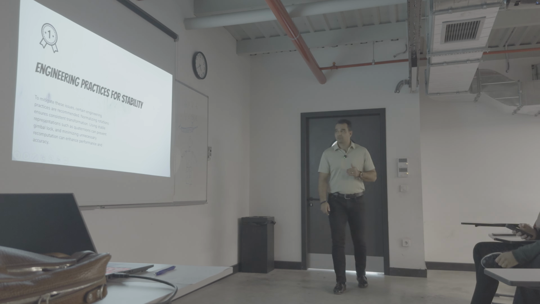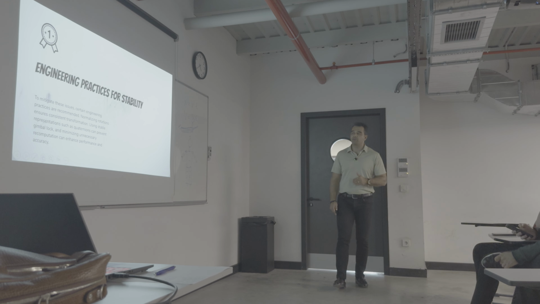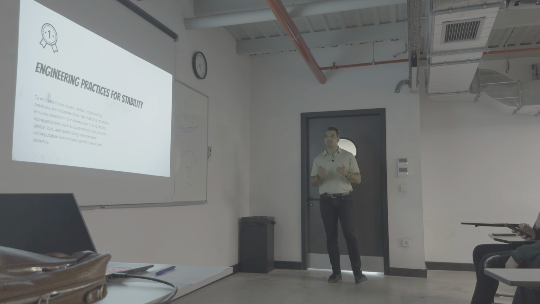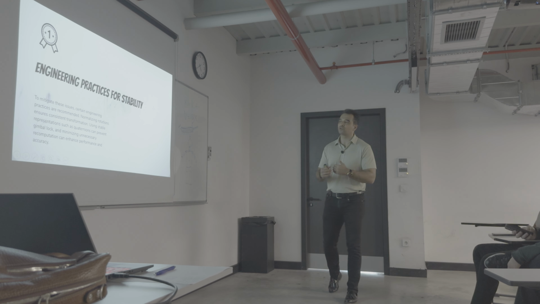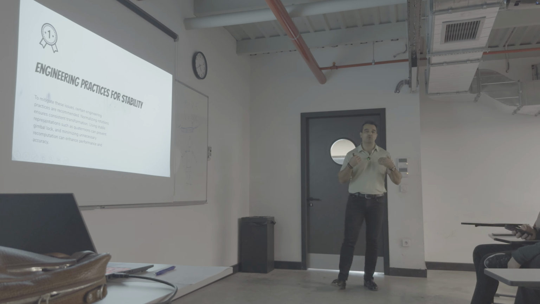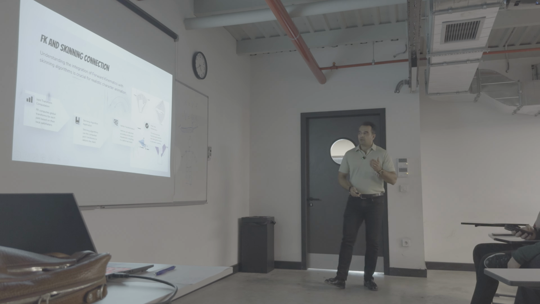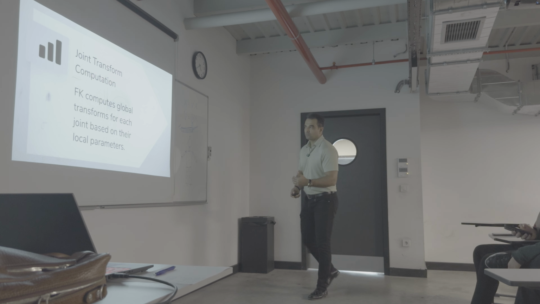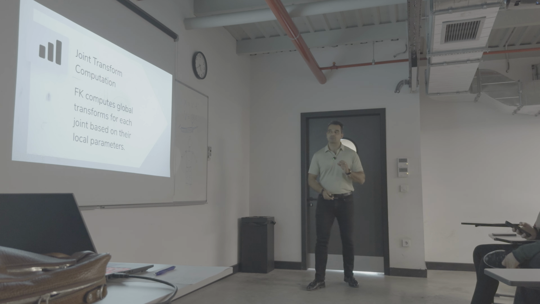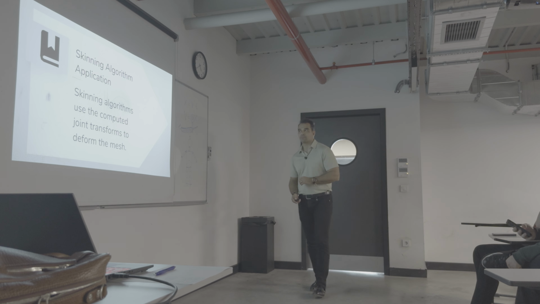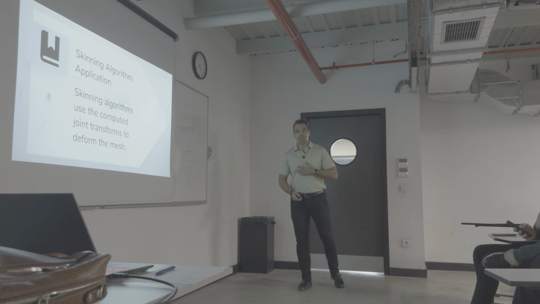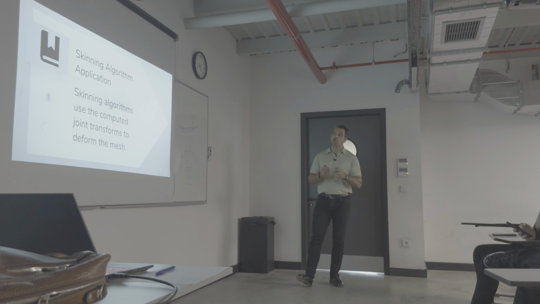And the engineering practices for the stability, forward kinematics mitigates this by normalizing rotations of the transformation of the body. When we come to the joint transform computation, forward kinematics computes global transforms for each joint based on their local parameters. Skinning algorithm application: skinning algorithms use the computed joint transforms to deform the mesh. What was the skinning?